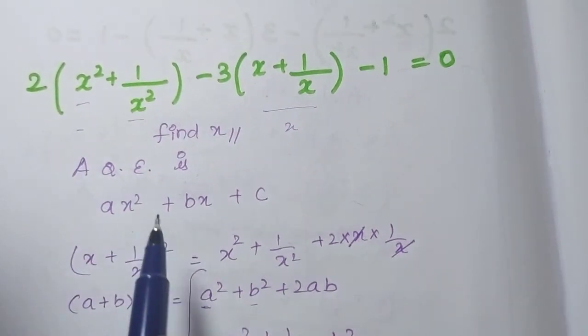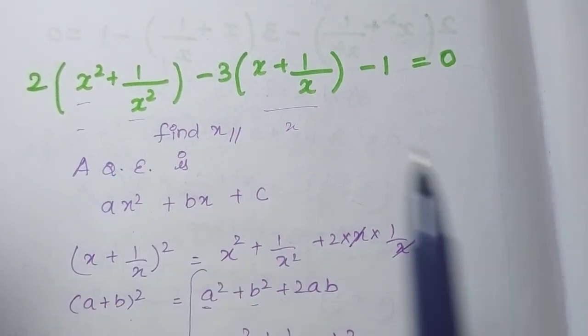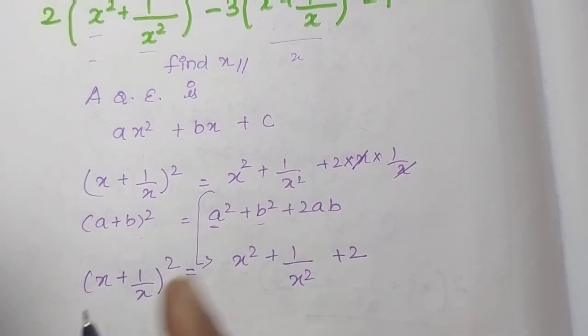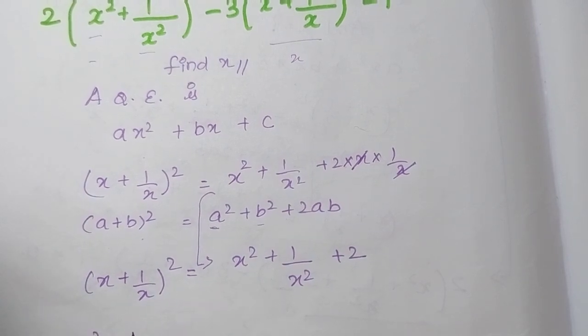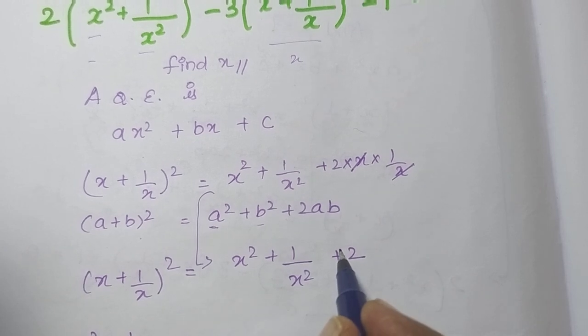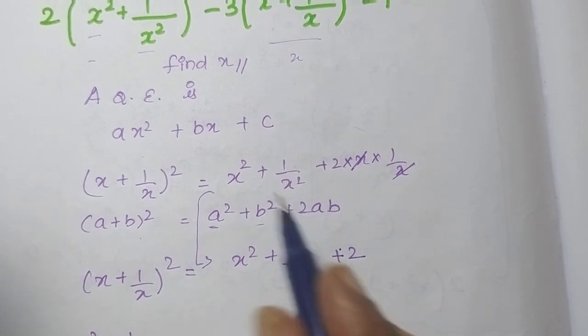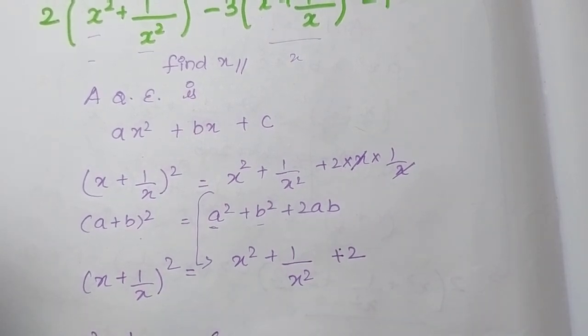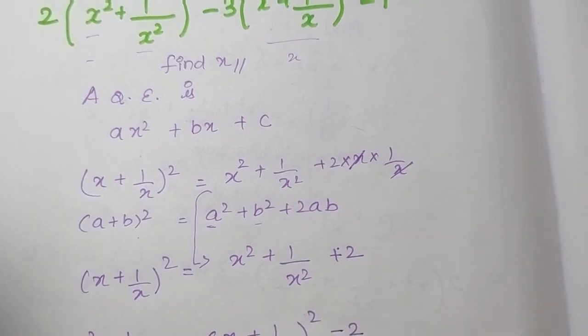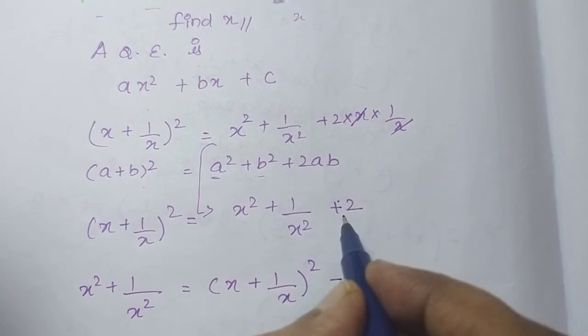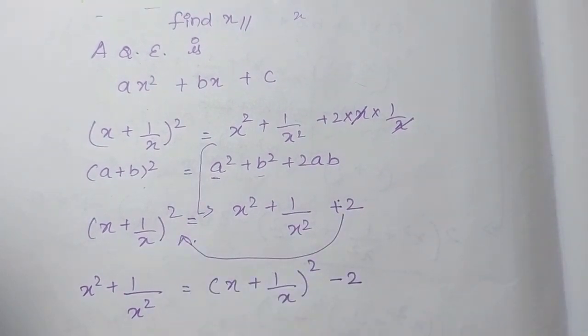So here what we have is x square plus 1 by x square. I am going to keep this on the right side: x square plus 1 by x square is equal to, if I move this plus 2 to the left, x plus 1 by x the whole square minus 2. I am just moving this minus 2 to this side.